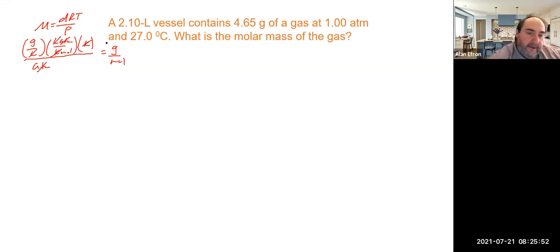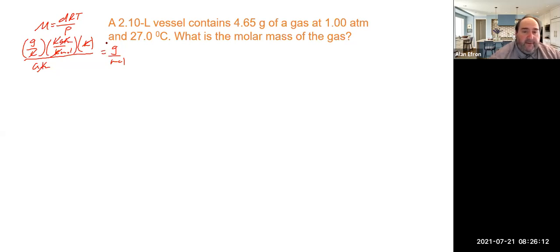Now, if you can't remember that equation, or you're not sure, you really can approach this more as a conversion type problem, and you could use the ideal gas law to help you out. So let's pull out the information given to us.